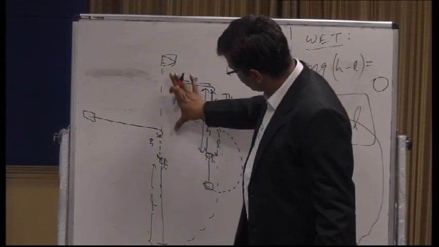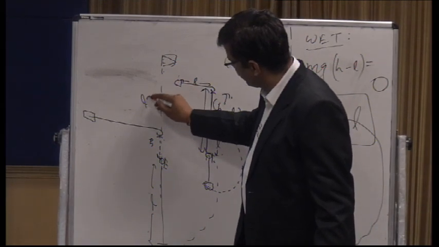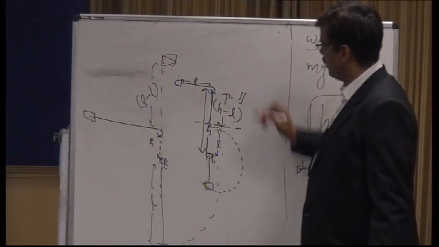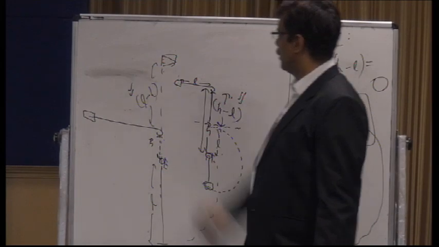This is H, this total is L, so this is L minus H. So one diagram is for H minus L, one for L minus H.